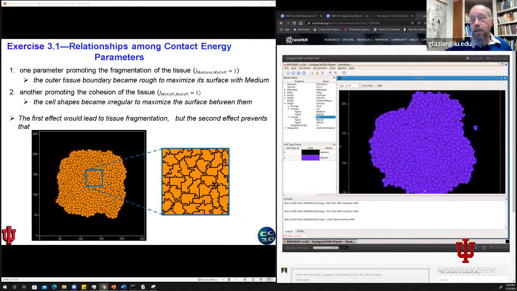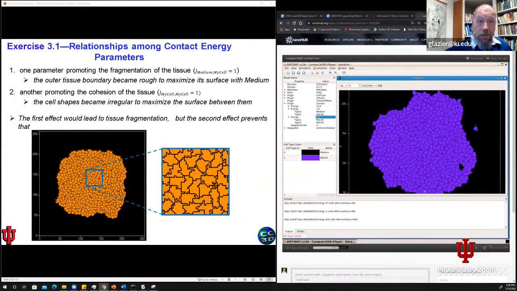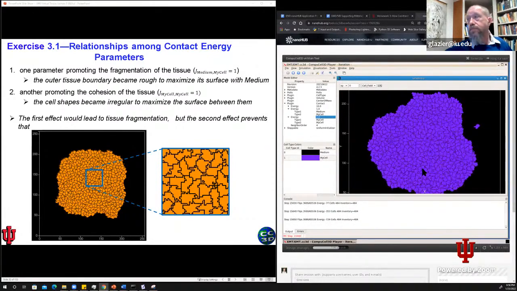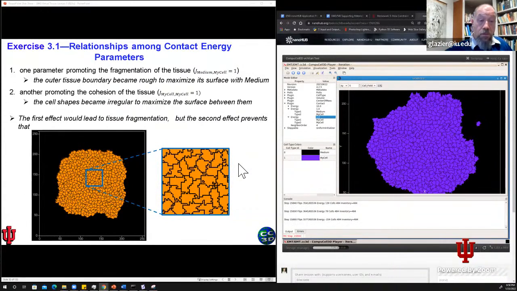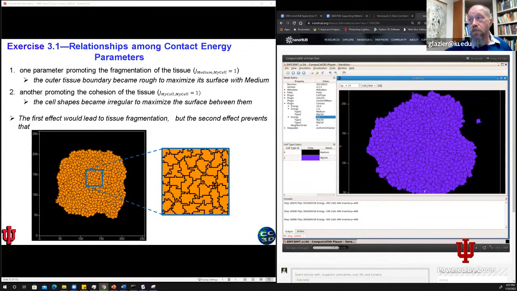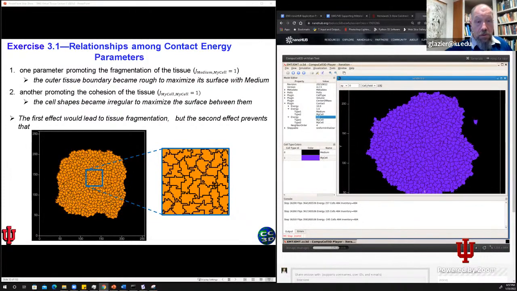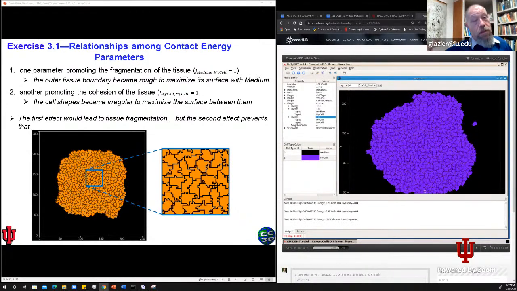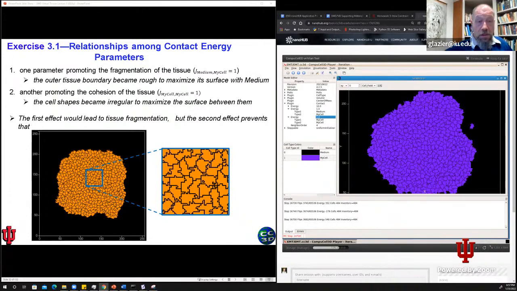When cell contact energy is large, my cells are round or square. When it's small, I get irregular shaped cells. And so this is this idea of trying to get a sense of what are reasonable parameters. All of these things are only reasonable with respect to that fluctuation amplitude called the temperature. If I multiply the temperature by 10, I'd have to multiply all my other parameters by 10 to keep the simulation the same.